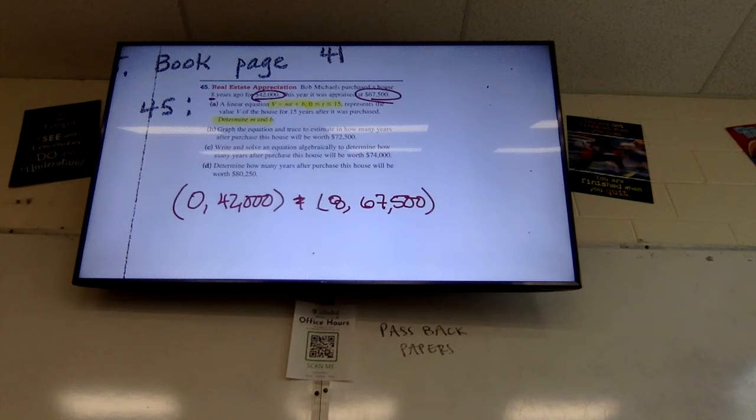Using those, we can find M and B pretty easily. Don't you agree? It's the exact same thing we're doing, just a little bit bigger numbers. So I want us to find M and B first. Whatever order, however you want to do it, go do that now.